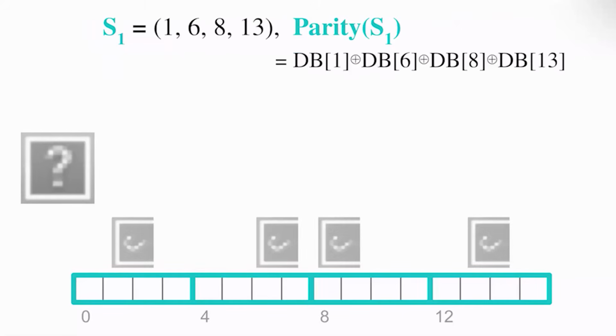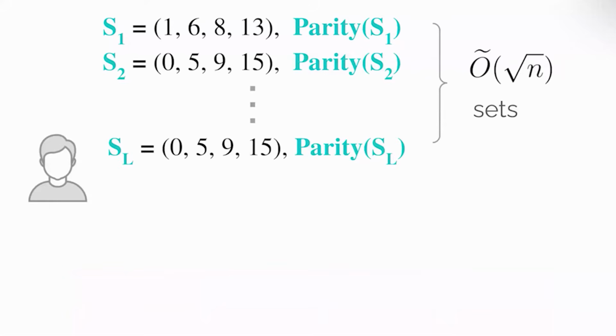The parity is defined as the database values at those indices, XORed together. I use parity of the set to denote this. I do this roughly square root n times, writing down square root n sets and their parities. This is the information the client obtains during preprocessing.